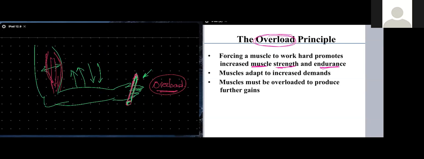Your body will not increase the size of your muscles for you to look good, or for you to go to the beach, for example, right? Your body will increase the size of the muscles only when the muscles are overloaded.